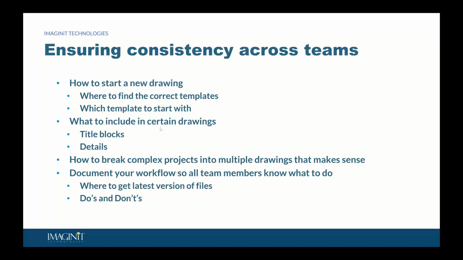So those are a lot of the bits and pieces of ensuring consistency: make sure you document your workflow. I'm not saying that you need to document everything down to the nth degree, but you do need to document that this set of drawings is going to contain this amount of this information, and they are going to be data referenced into these drawings, things like that.